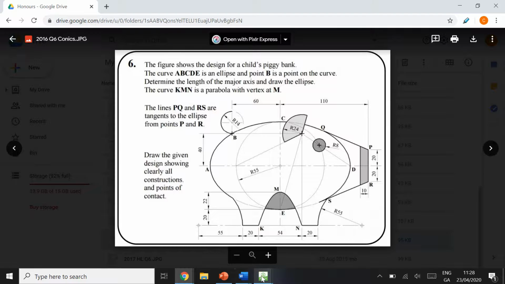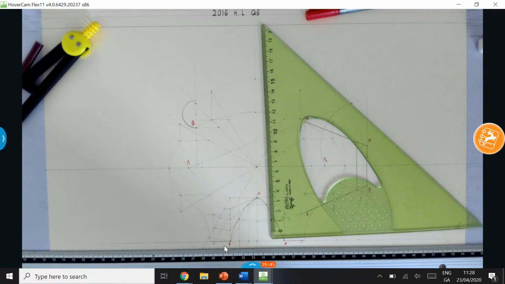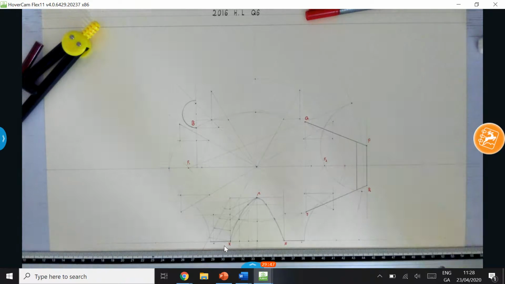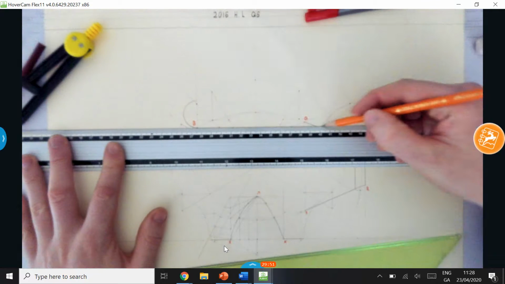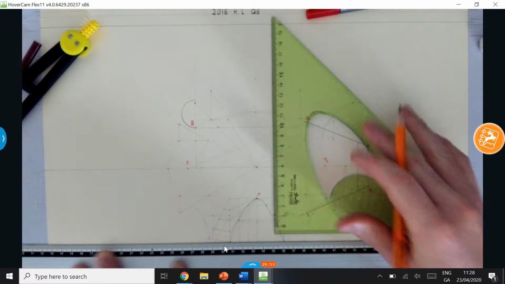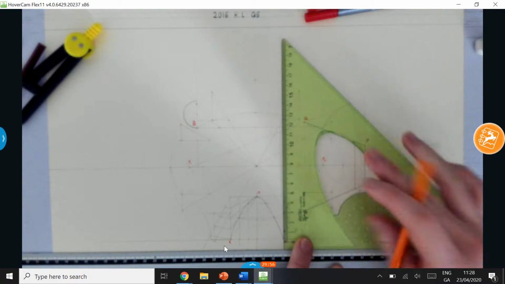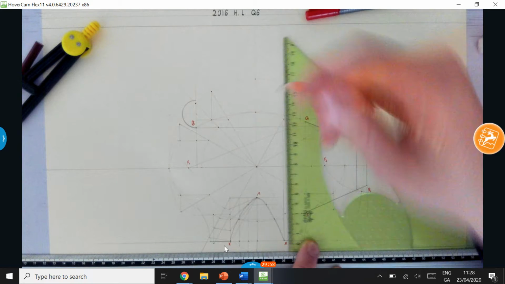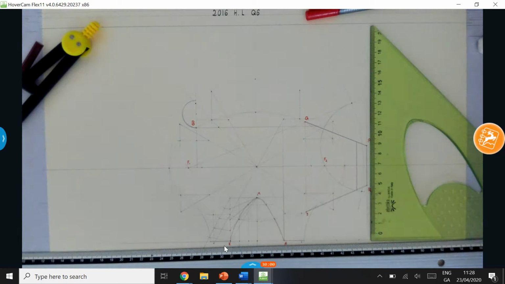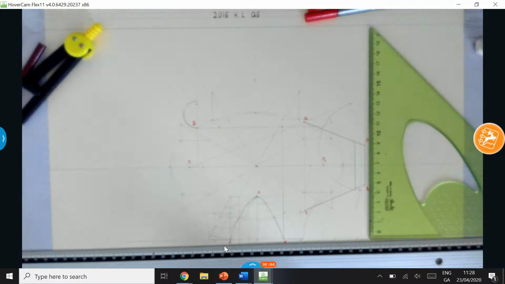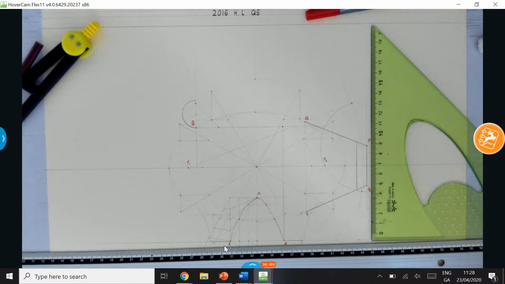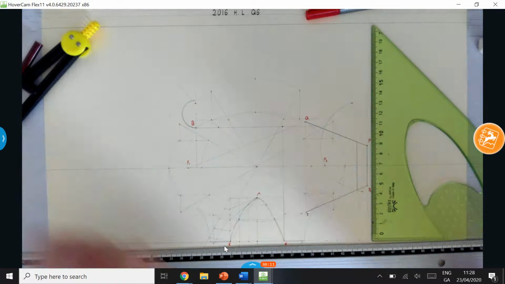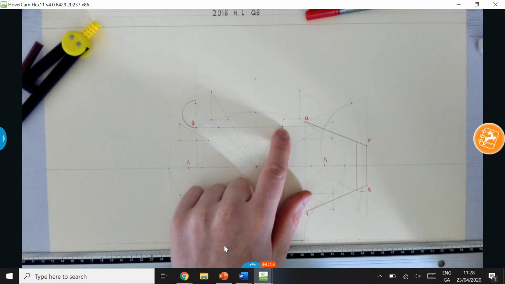Okay, so there's a lot in that. So, horizontal line from B to start, vertical line from N, I'm going to give it this point here. So we found this point.